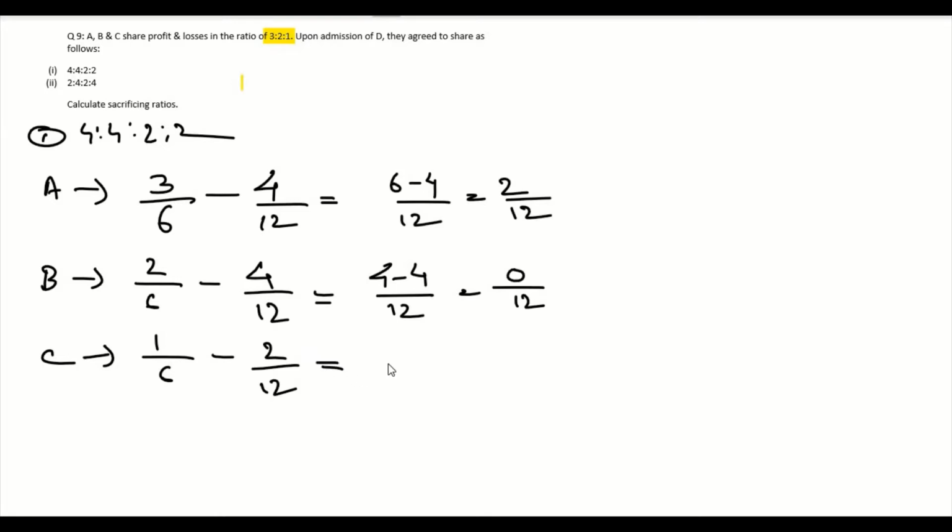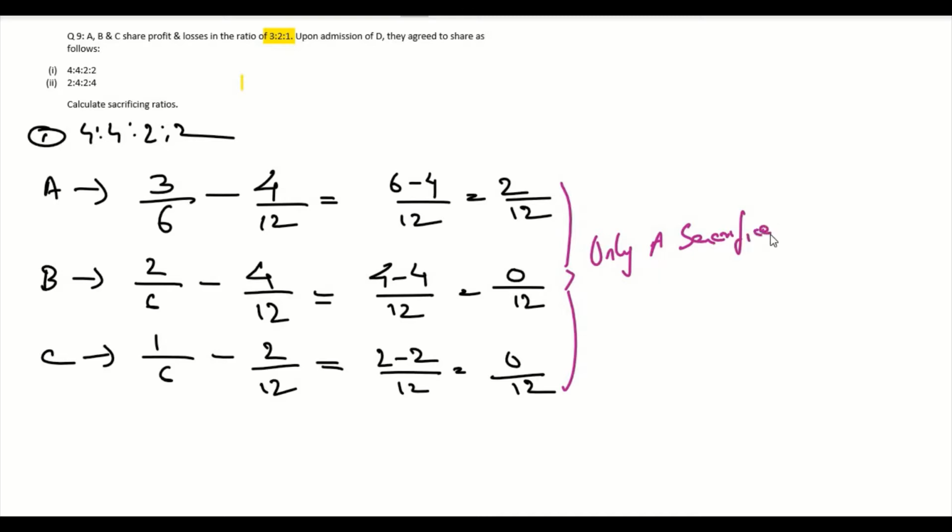For C, it is 2 minus 2 over 12, which is equal to 0/12, which means that he didn't make any sacrifice. So the only person who sacrificed here is A, and that is 2/12, which is equal to 1/6.